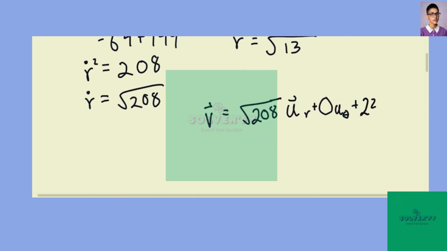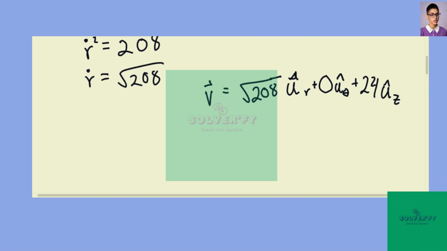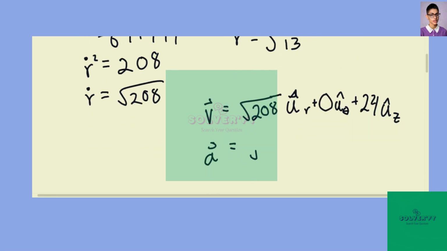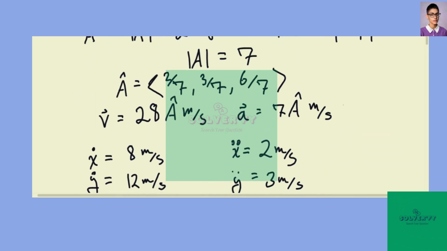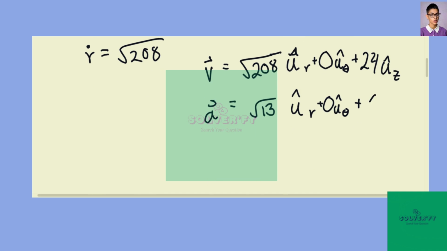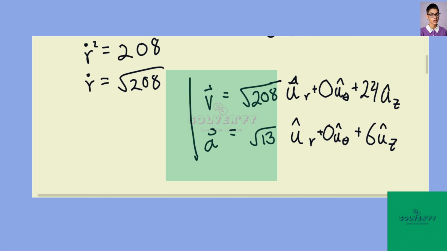So that's 24 u_z. Should be little hats. And a is going to be root 13 u_r plus 0 u_theta plus, I believe this was 6 over 7 times 7, so that's 6 u_z. And those are our solutions.